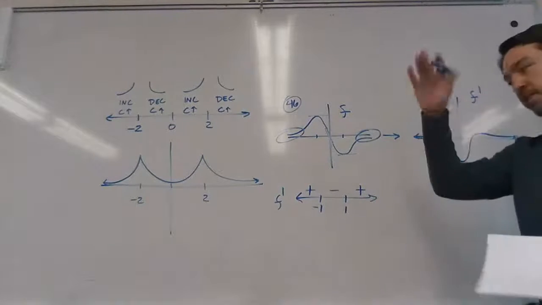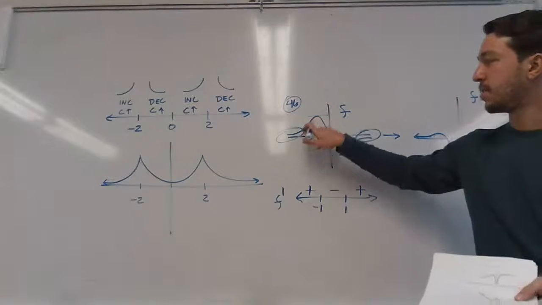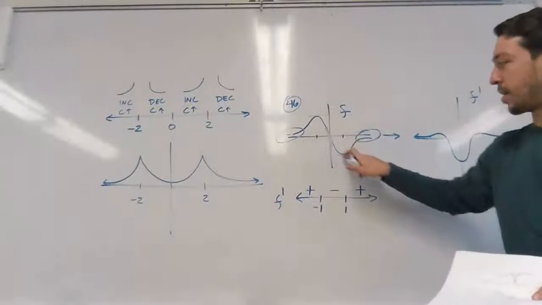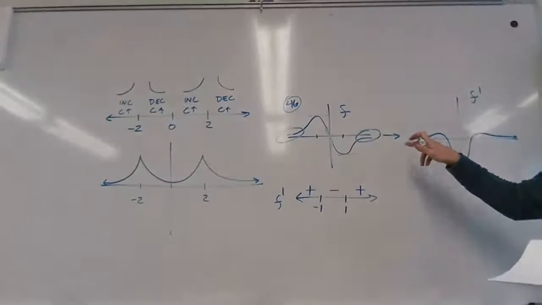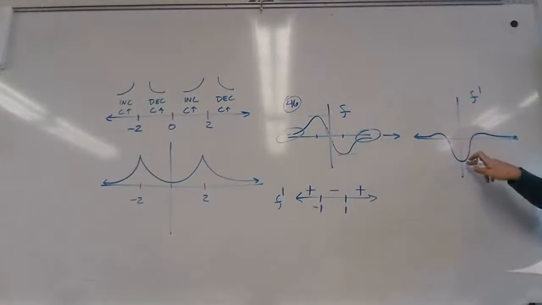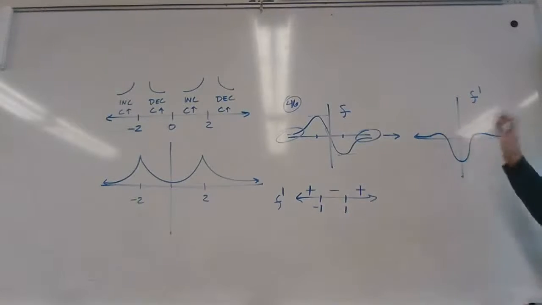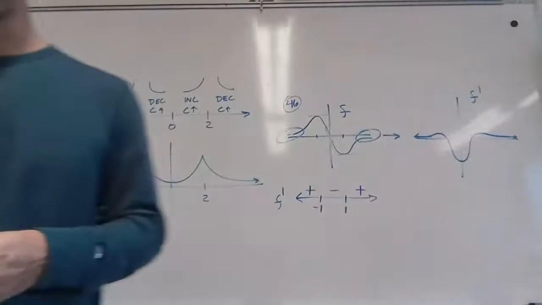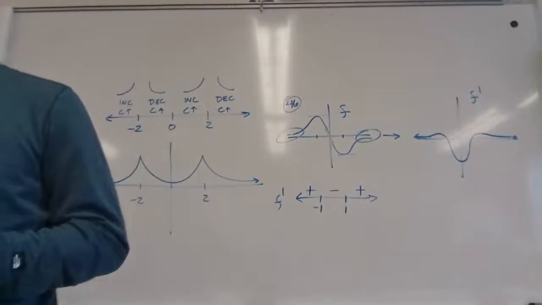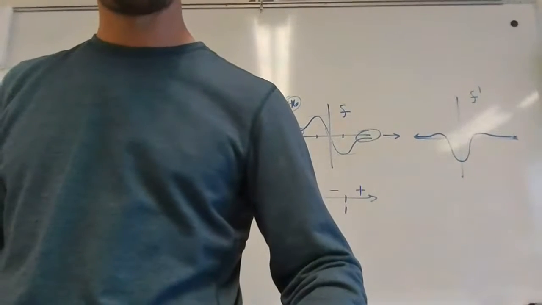And also, if you look at the concavities here, concave up, concave down, concave up, concave down, that translates to this function going increasing, decreasing, increasing, decreasing. We can talk more about those tomorrow and go over some more examples.